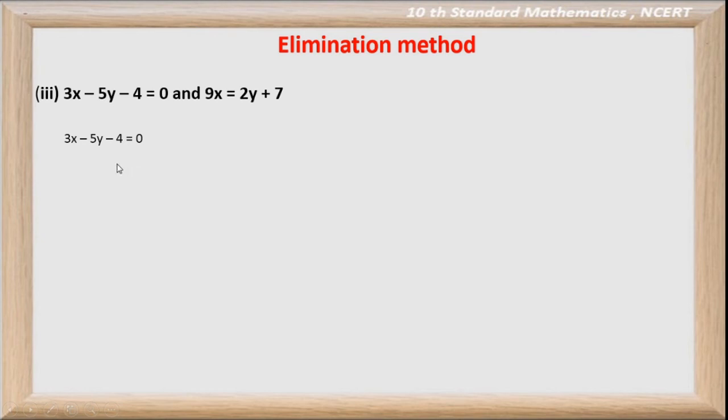In this equation, we should rearrange this. That means the variable terms on one side and the constant term on the other side. That way we should arrange. So we will get 3x minus 5y equal to 4. Make this equation 1.